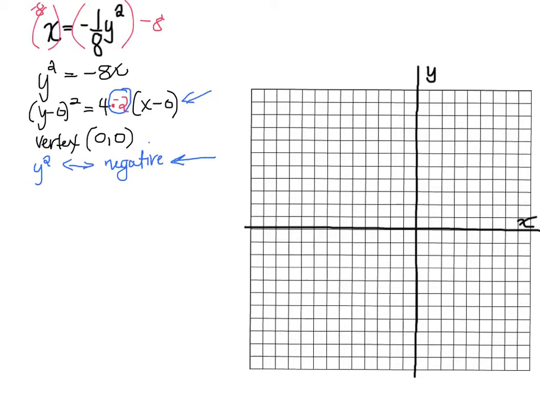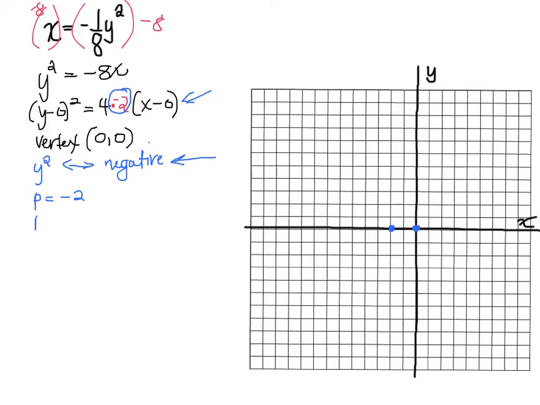So I'm going to plot my vertex, and I'm going to plot my p. P is -2. So instead of going forward for my focus, I'm actually going to go backwards, so negative. So my p is going to go here.